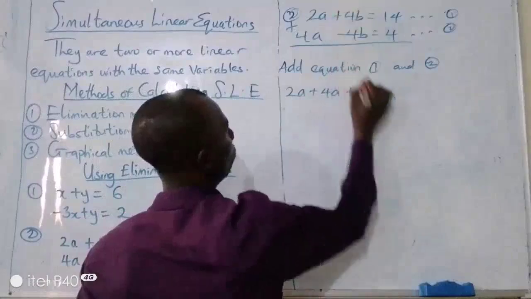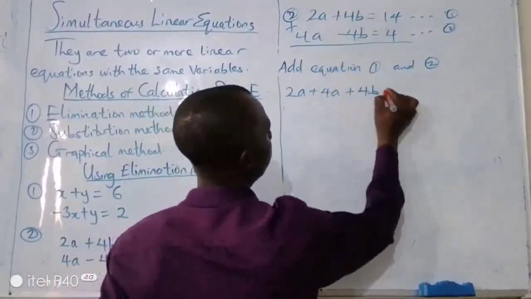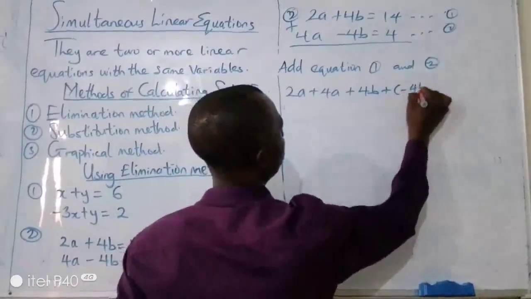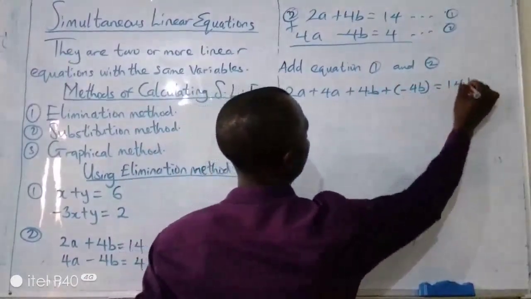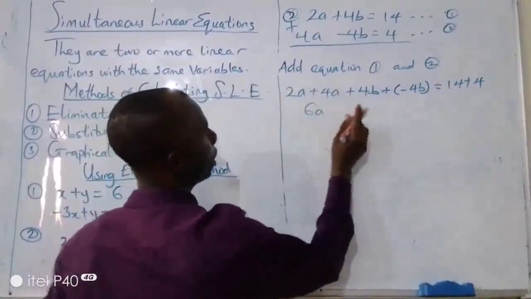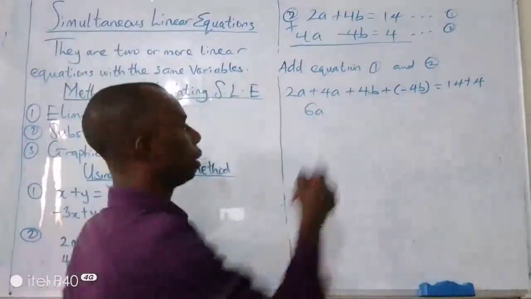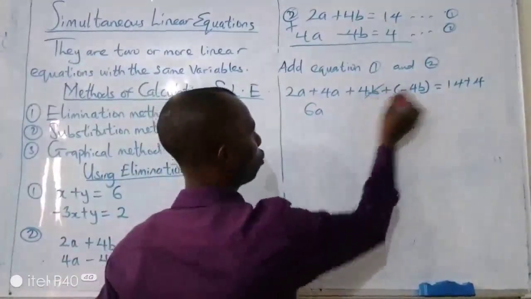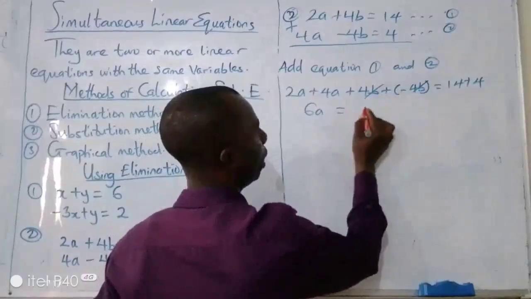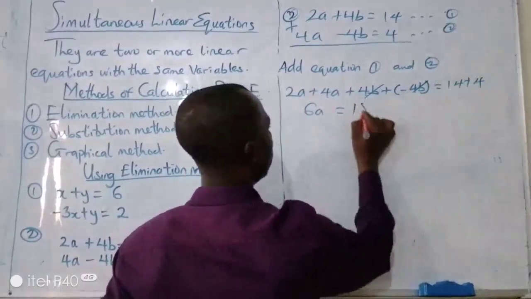Then plus 4b here, then plus minus 4b equals 14 plus 4. So 2a plus 4a is 6a. Now, here I have plus times minus to be minus. And that means plus 4b minus 4b, they cancel each other. So 6a equals 14 plus 4, which is 18.